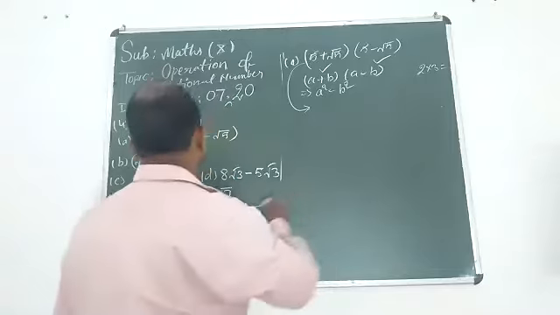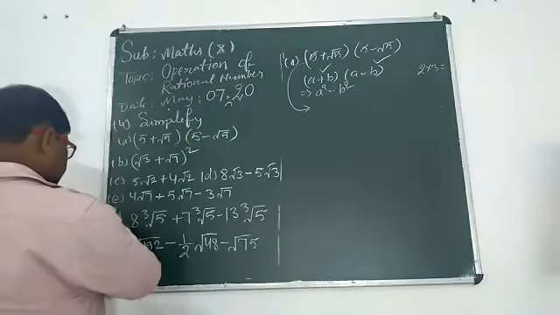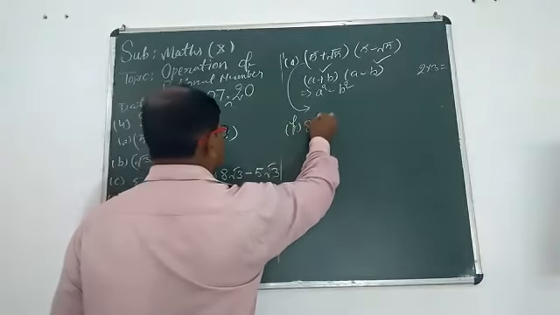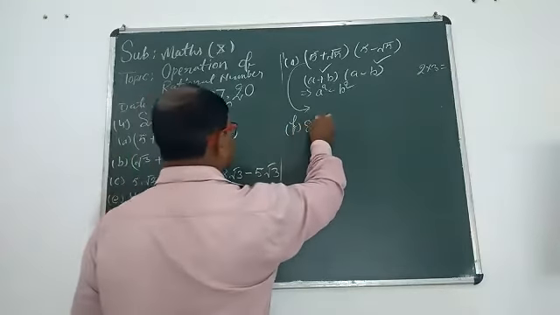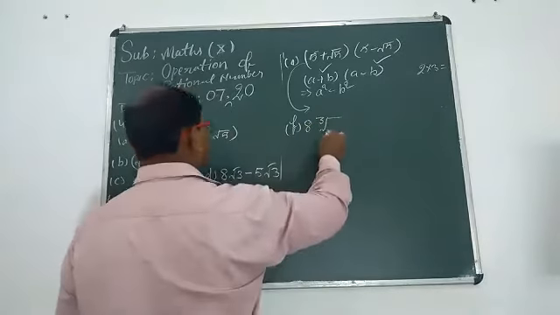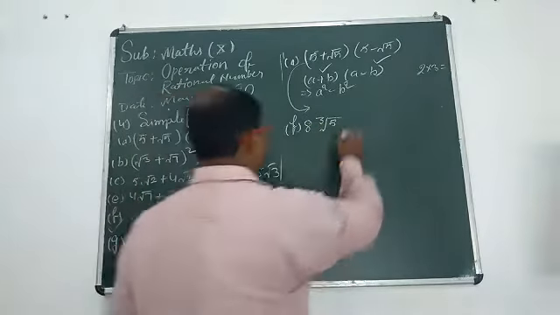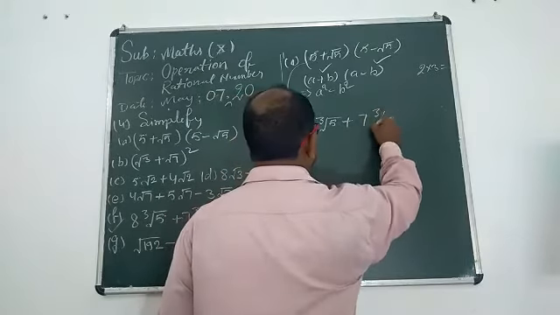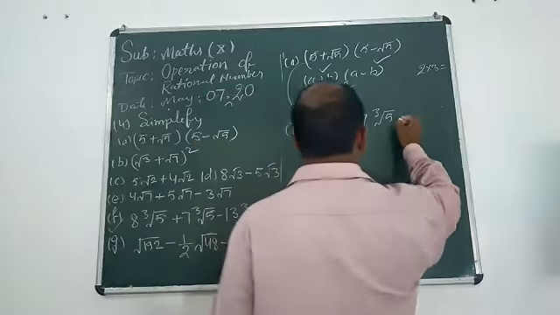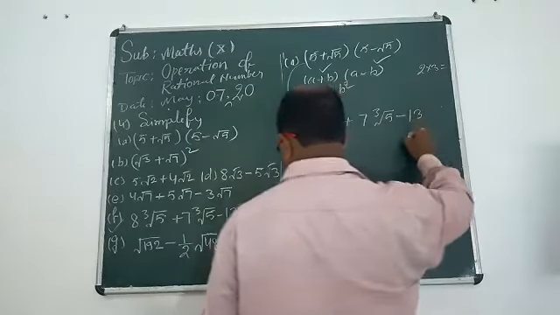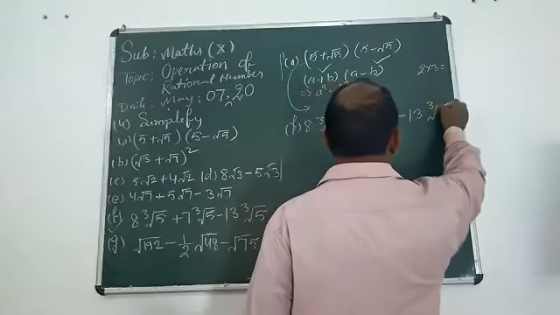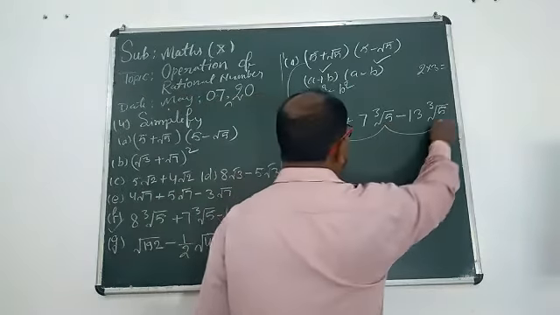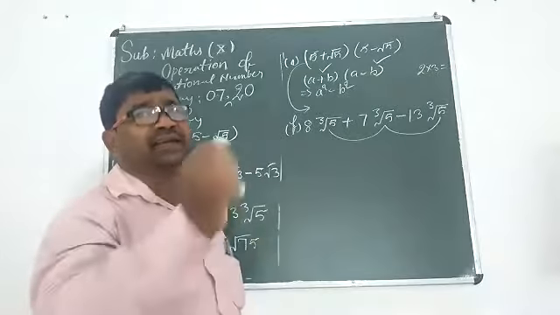Second, student, suppose this sum is F. 8 into third root 5 plus 7 into third root 5 minus 13 into third root 5. Okay, student, they are like surds, just like x.